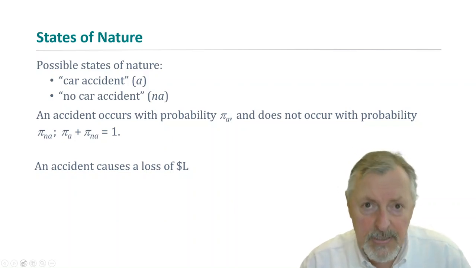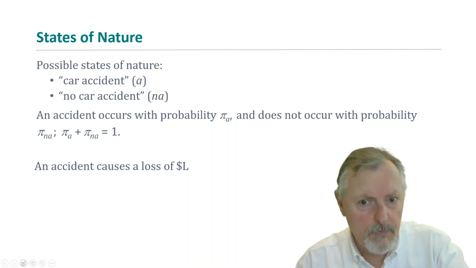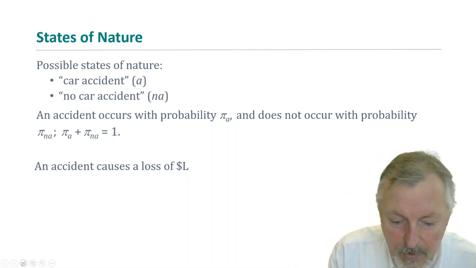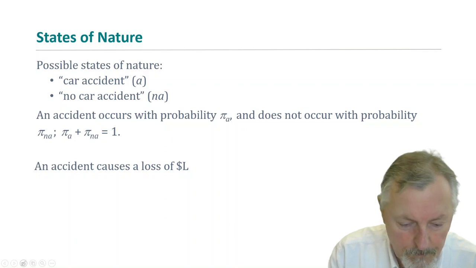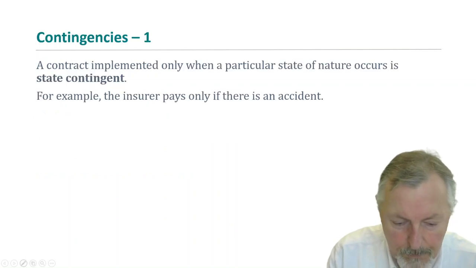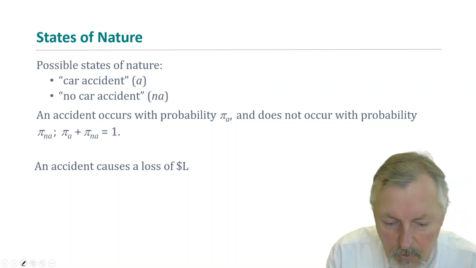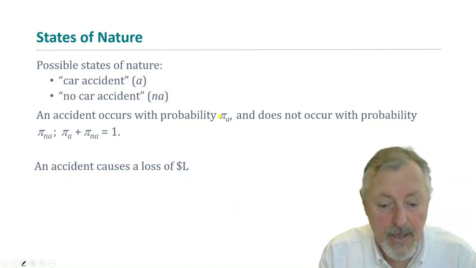We'll call the probability, your belief, that an accident happens, pi sub A.